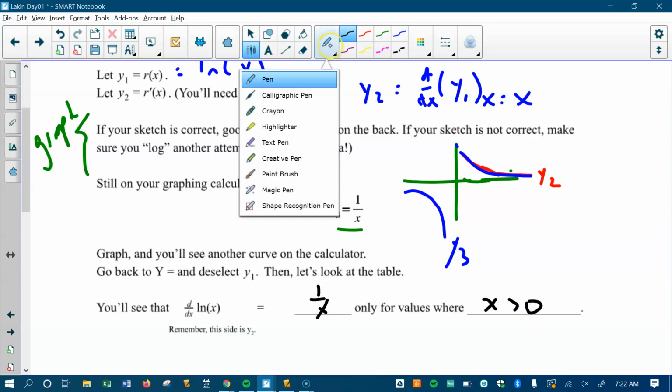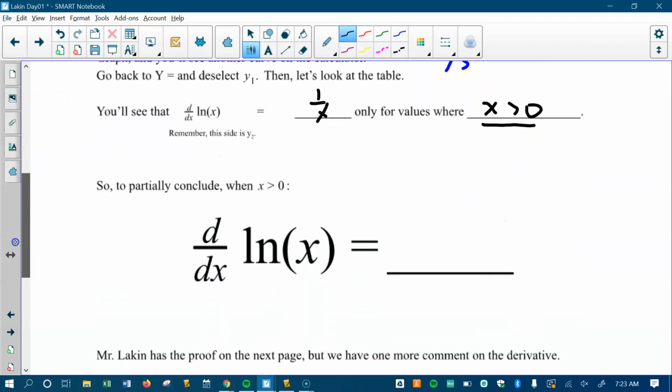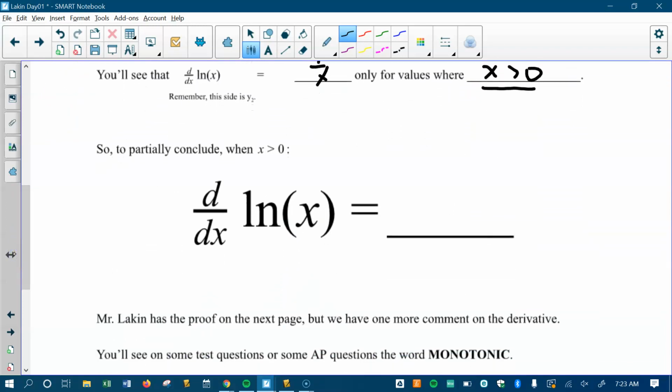I hope you noticed that when you looked at the table values and compared y2 and y3, you should have noticed that these two values overlap, and basically this black part does not exist in the derivative part, which means that x is only positive. So, to partially conclude, when x is positive, the derivative of ln of x is 1 over x.